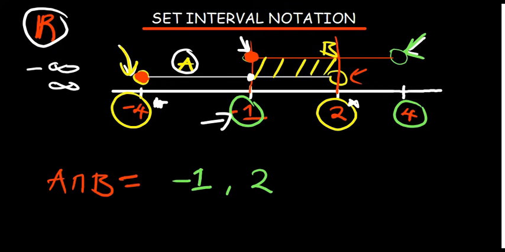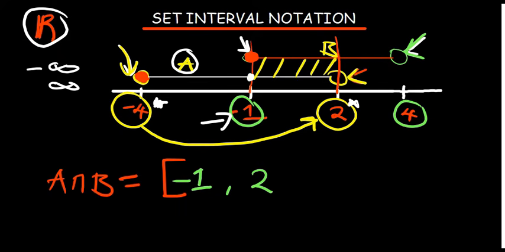So we'll use this kind of a bracket. Now, we'll check 2. The first question is, is 2 part of set A? Set A is moving from -4 to 2. At 2, we can clearly see that it is not shaded. So 2 is not part of set A, since at the endpoint 2, A is not shaded.